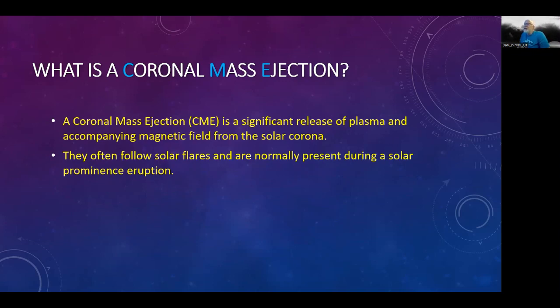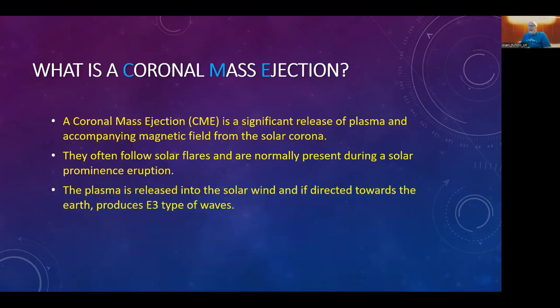They often follow solar flares and are normally present during a solar prominence eruption. The plasma is then released into the solar wind, and if it's directed towards Earth and the Earth receives it, it produces E3 types of waves. And don't worry, we're going to discuss what all that means.